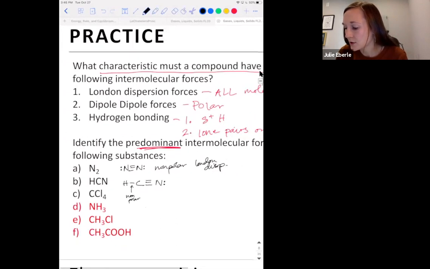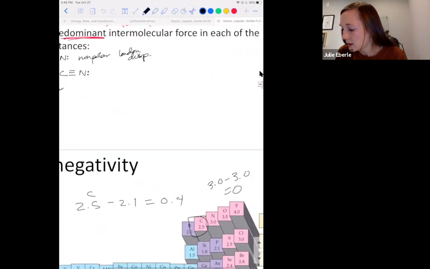But a carbon-nitrogen bond, carbon and nitrogen, so we're looking at these values right here. The difference between 2.5 and 3.0 is a difference of 0.5. And that is polar. Okay, an electronegativity difference of 0.5 is polar.